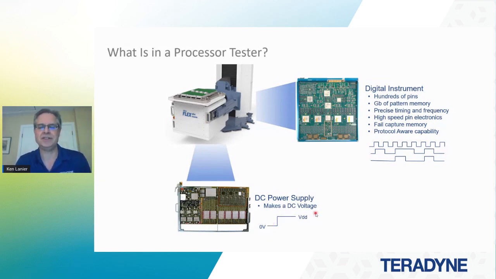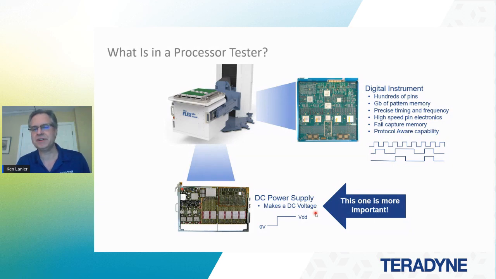The power supply has a seemingly easy job, which is basically to go from 0 to some voltage and back again. But as it turns out, as we go through these test programs, the power supply is the more important of the two, for the simple reason that it primarily determines the quality of the device and the eventual yield from test based on how well it performs.